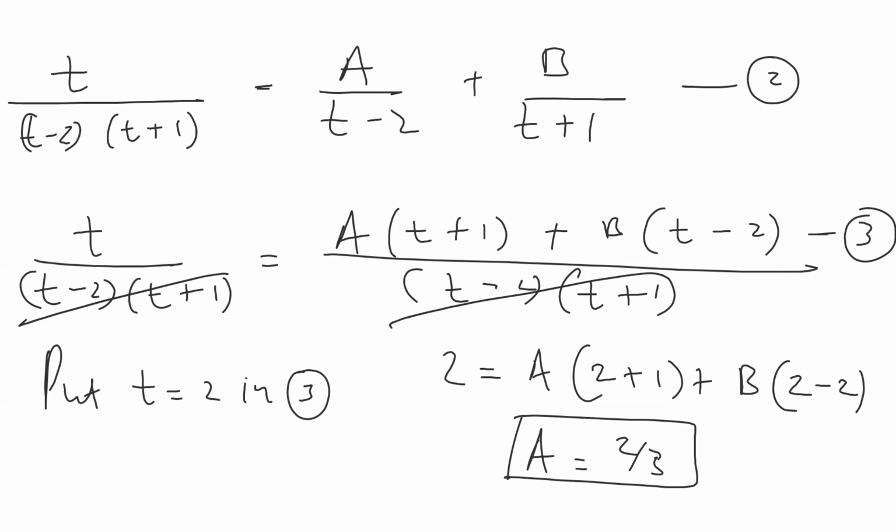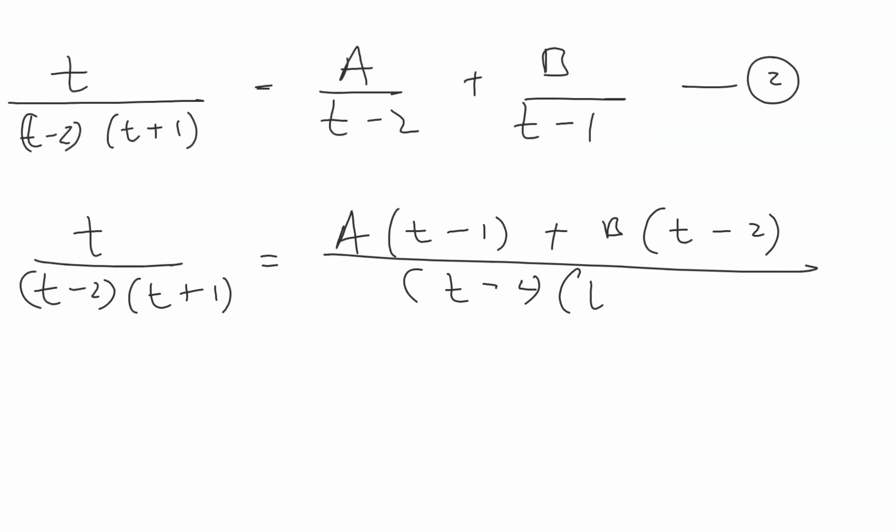Okay. Now equate t plus 1 to 0. When we equate t plus 1 to 0, the value of t is minus 1, right? So for the second iteration, put t value as minus 1 in equation number 3.